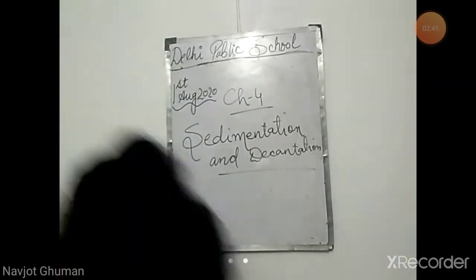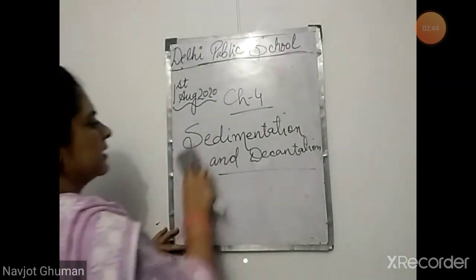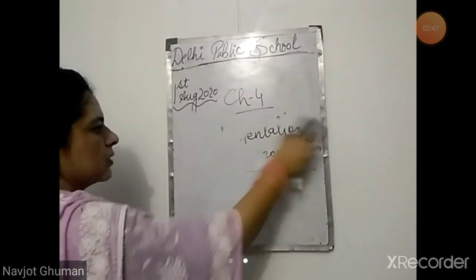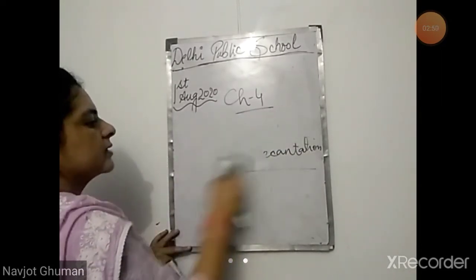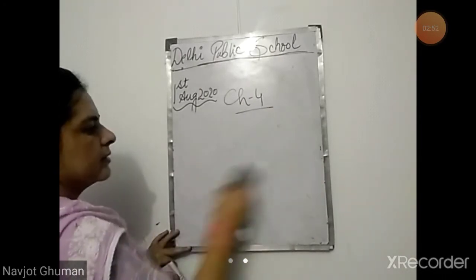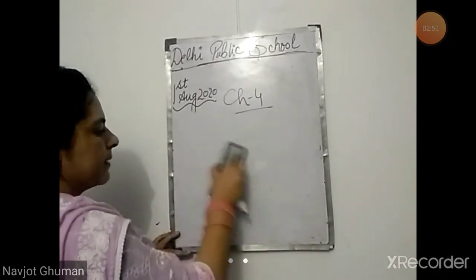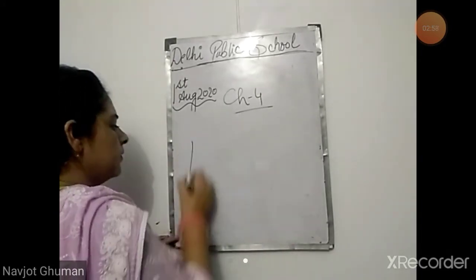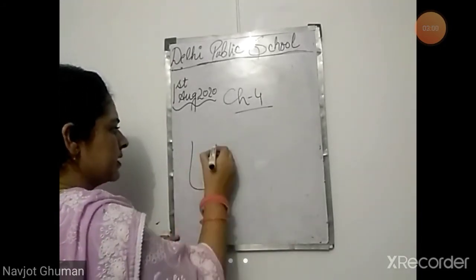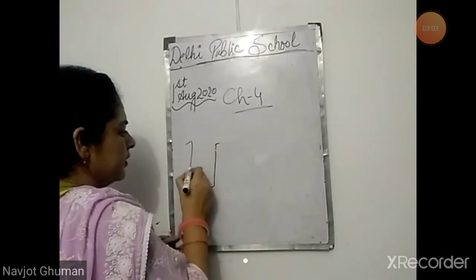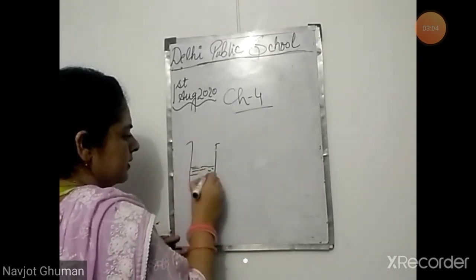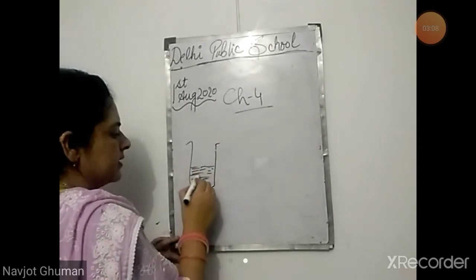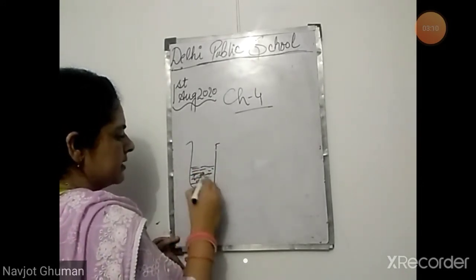Now what is this method about? This method is used to separate insoluble substances from the solvent. Insoluble substances like sand and mud in water can be separated by sedimentation and decantation. Now what happens in this process? You have water in which mud or sand is there.